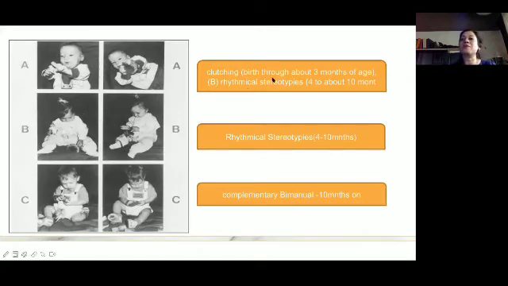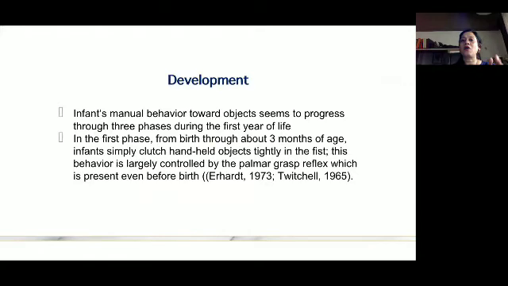These are the clutching behaviors from birth to 3 months of age. Then you get rhythmical stereotypies at 4 to 10 months of age, and complementary bimanual, that is, complementary use of one hand with the other hand, from 10 months on. So these are the three stages of what we call the infant's manual behavior towards objects.